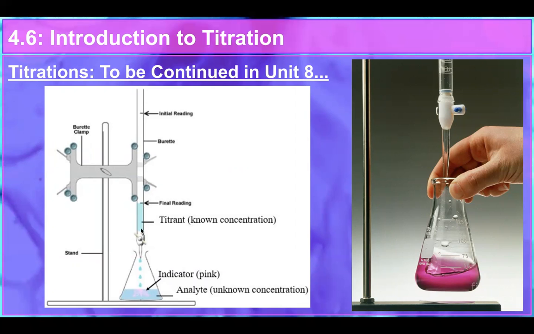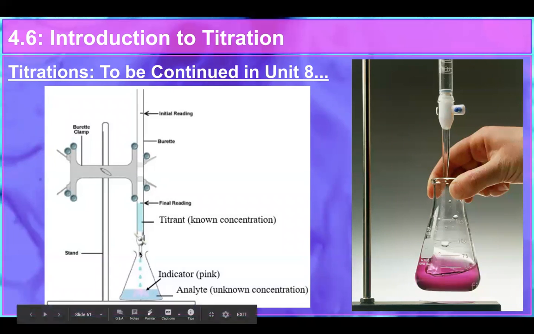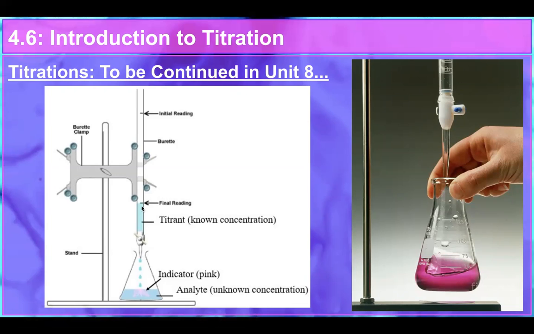And then we would use the stopcock down here to gradually let more and more of the titrant into our mixture. So we would be mixing until we start seeing a change in our analyte. And at that point, we want to add very small increments of titrant, which is really nice with the burette because we can turn the stopcock very slightly and it'll just let out a few drops at a time.